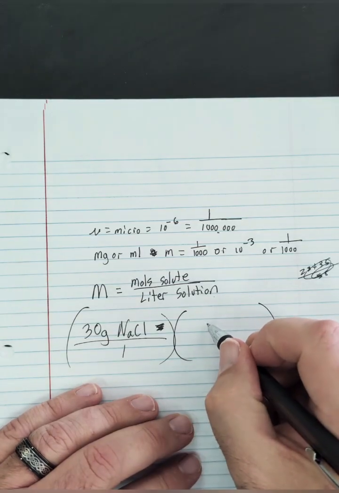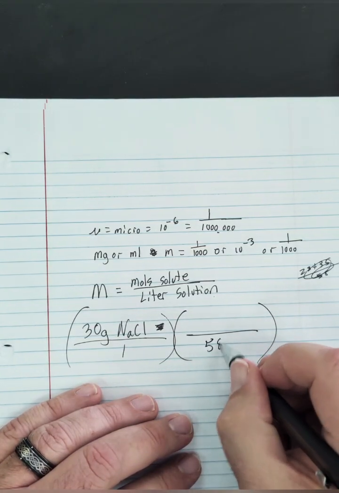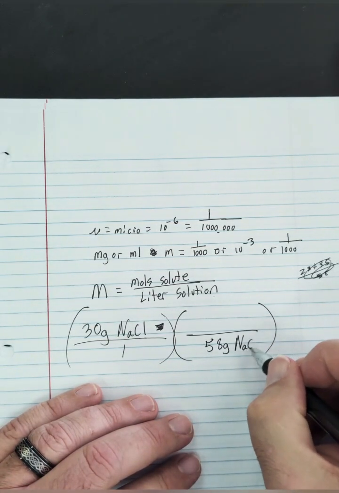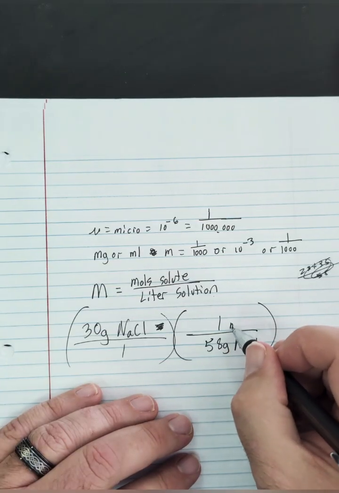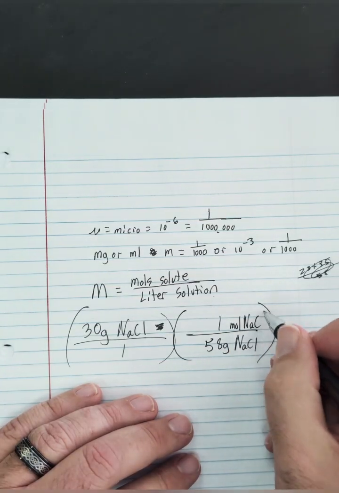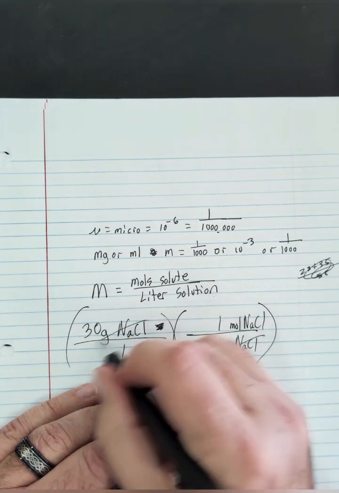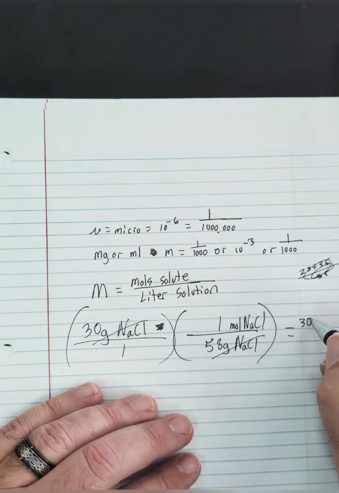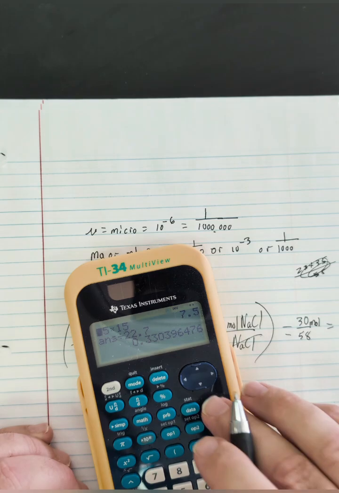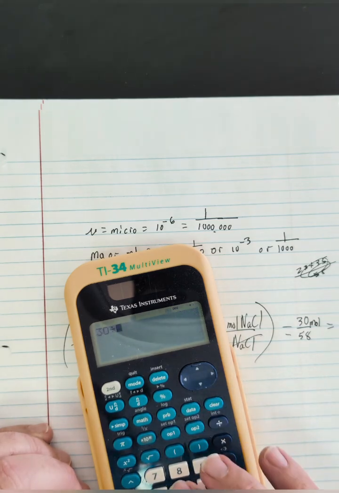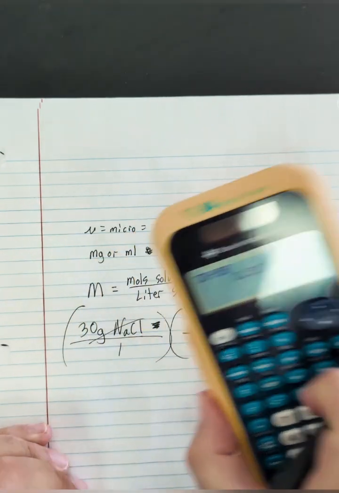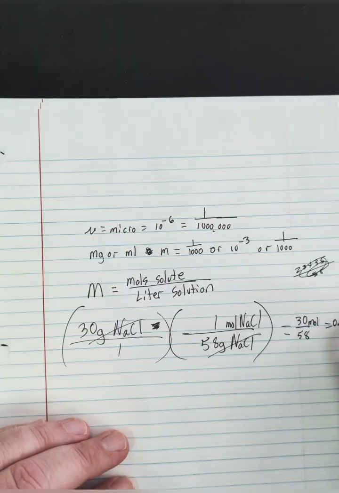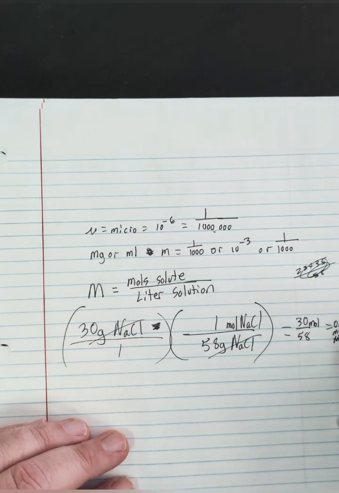All right, so we know that 58 grams of NaCl is equal to 1 mole of NaCl. Our grams cancel out, and then we're going to have 30 divided by 58 moles. And when we say 30 divided by 58, that's going to give us 0.51 moles of NaCl.